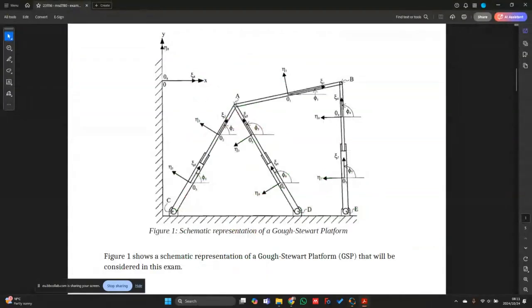In the case of point A, we're going to have point A on body 1, A on body 2, and then A on body 3 as well. D will once again be between body 6 and body 0, E between body 0 or ground and body 7. Point B will be between body 1 and body 4 as well.